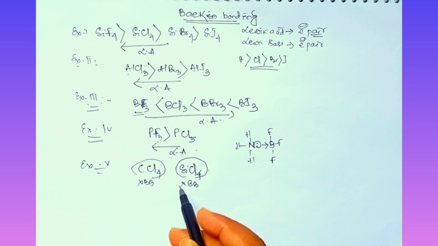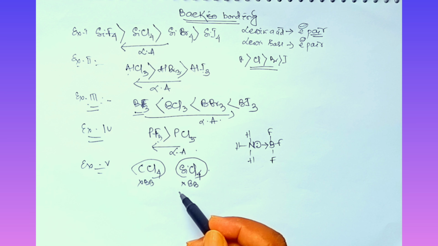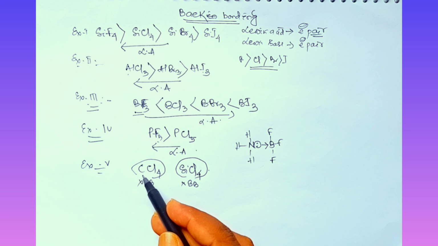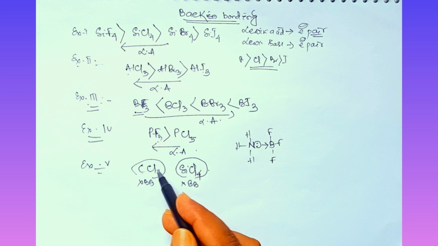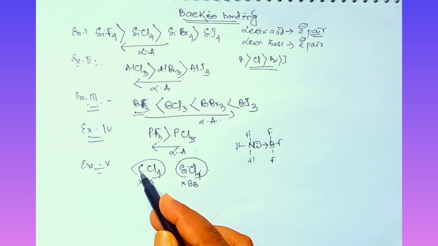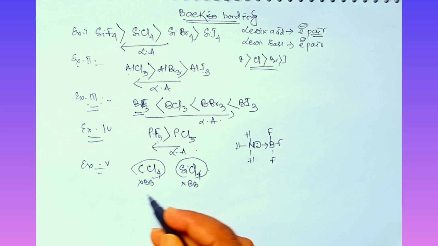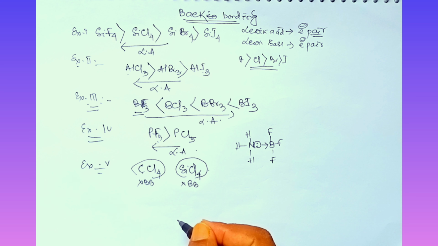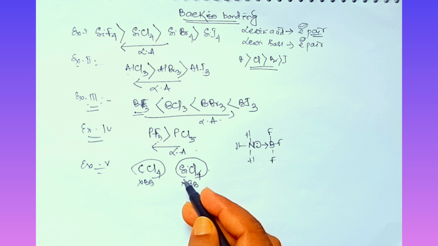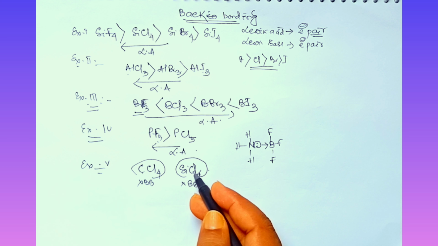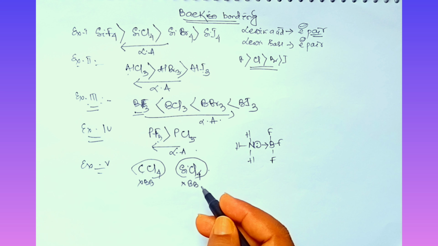So in order to act as a Lewis acid, it has to have some vacant orbital, but in CCl4, there is no vacancy of orbital over carbon, so it can never accommodate the electron pair. But in SiCl4 there is the presence of vacant orbital, so it can at least accommodate the electron pair.